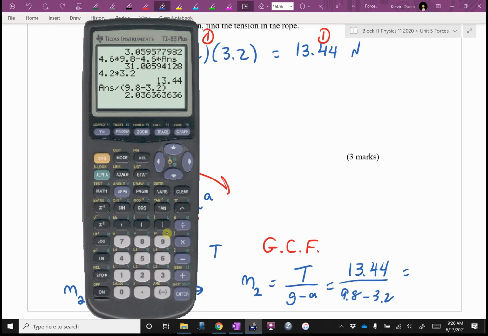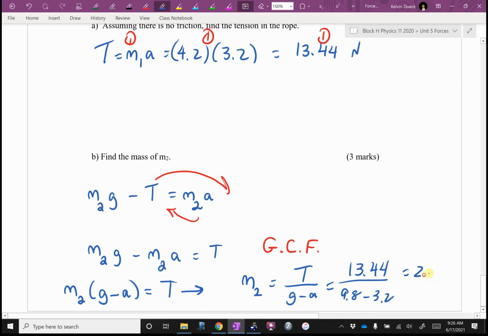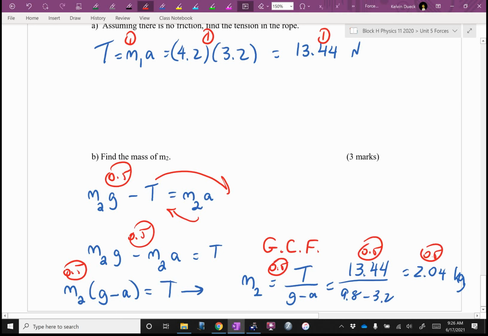Is that right? If you got that, 3 out of 3. Oh, units, it's a mass. Kilograms. Okay. Otherwise, I would give you probably a half mark for that, a half mark for that, a half mark for that, a half mark for that, half mark for the numbers, and a half mark for the answers.